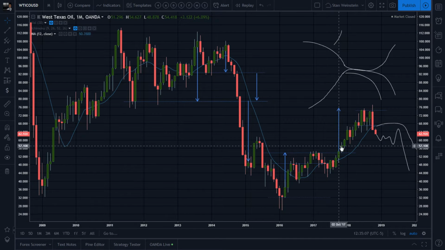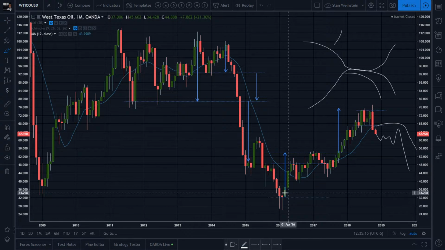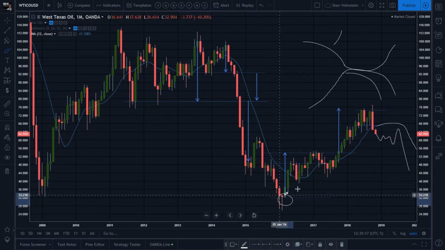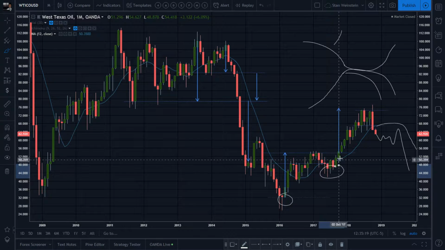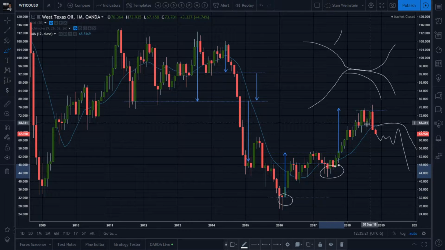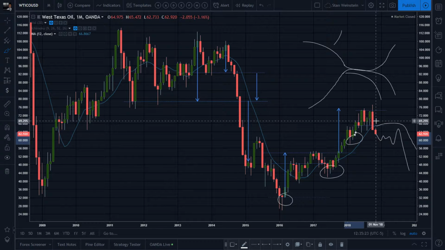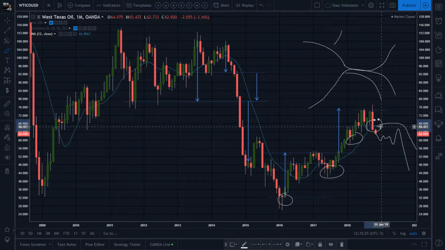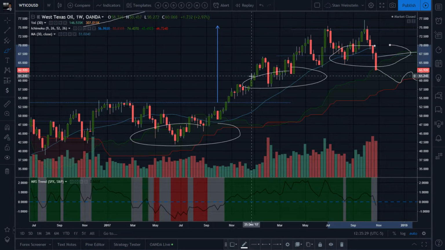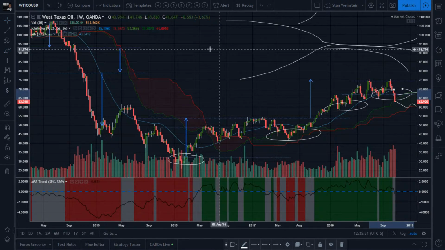Man, almost one year. You could have been in this almost one year's time and ridden that nice upwards move. Higher lows, higher lows, higher lows, and then higher lows, but you're below the 12-month moving average, you're out. Okay, weekly, Stan Weinstein.